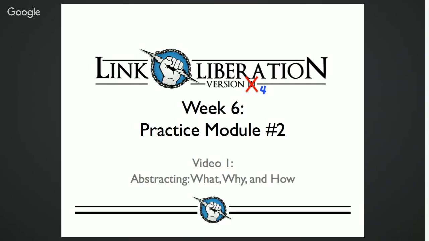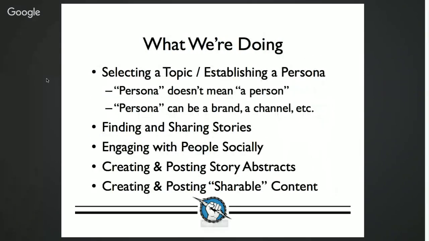And so let's just really quick look at what we're doing here, and with the content marketing strategy that we're employing. So we're selecting a topic, right? So we're trying to find an audience. We're trying to find a topic, something that is of interest to people. And then we're trying to establish a persona. Now, a topic doesn't have to mean one single, very specific thing.